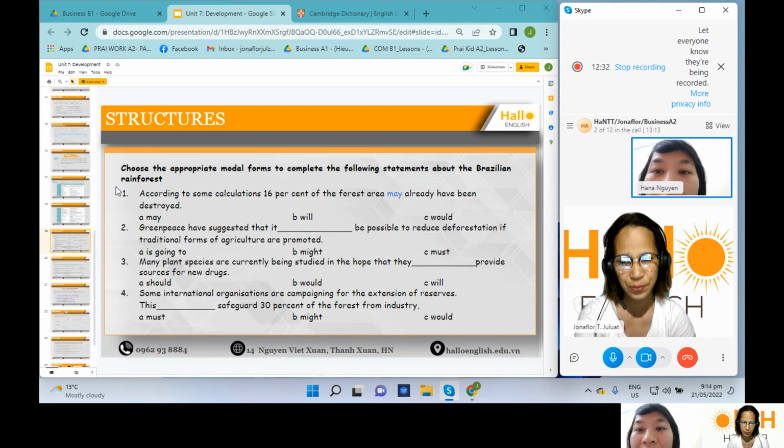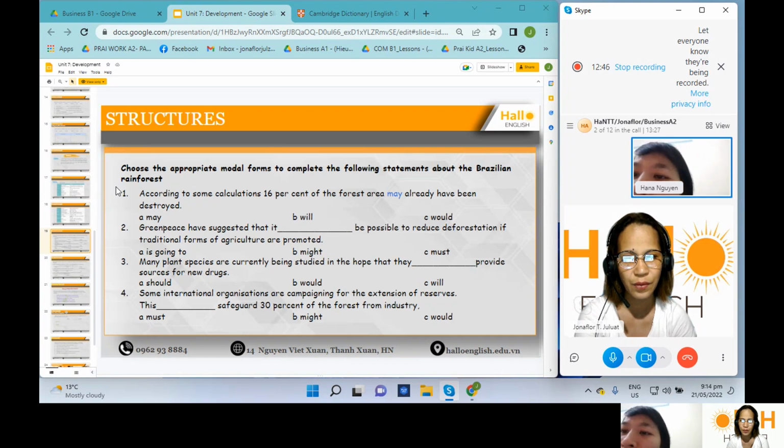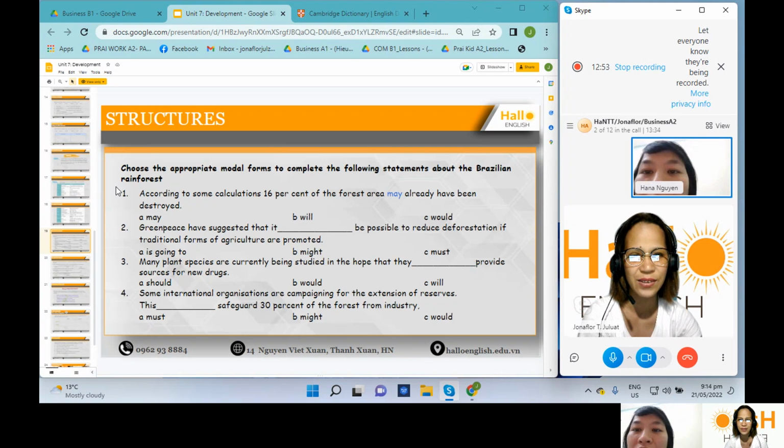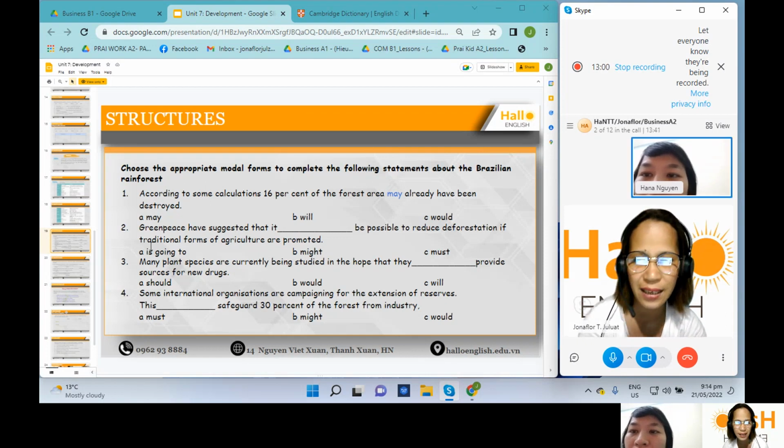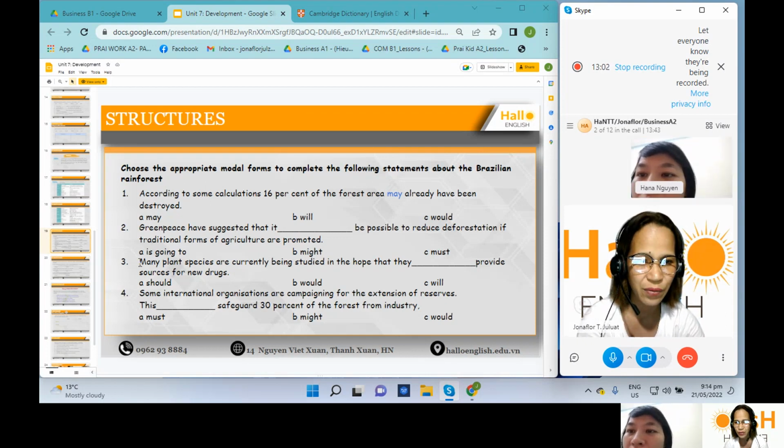Number two. Greenpeace have suggested that it be possible to reduce deforestation if traditional forms of agriculture are promoted. What is the modal verb for this statement?